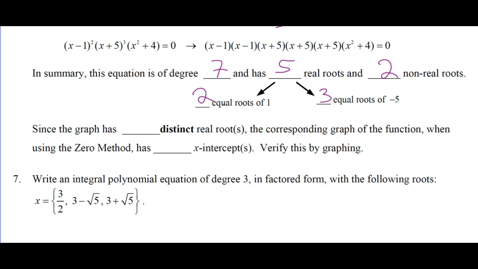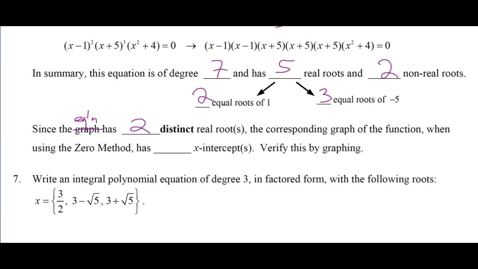Verify that since the equation has how many distinct real roots? There are 2 distinct real roots.